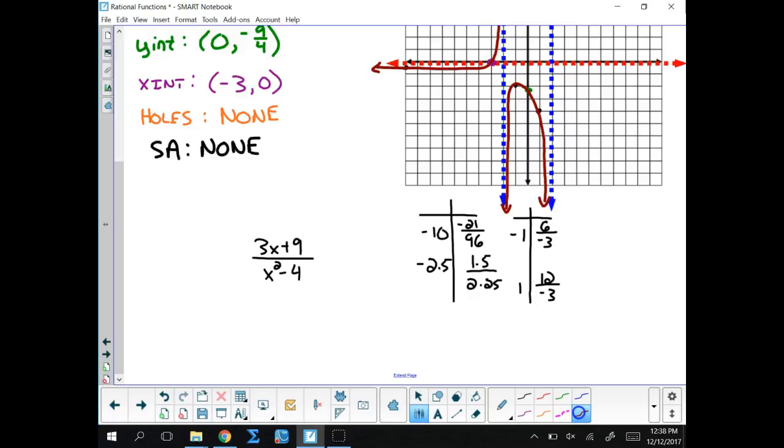The graph would come down too soon, and you would never hit that point. So long story short, make sure you do 1 and -1 in this case. Okay. All right. Good job.